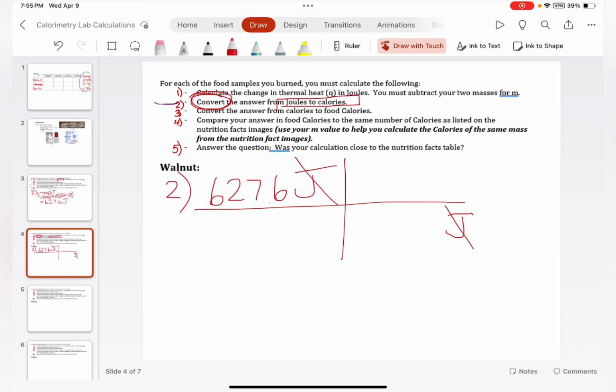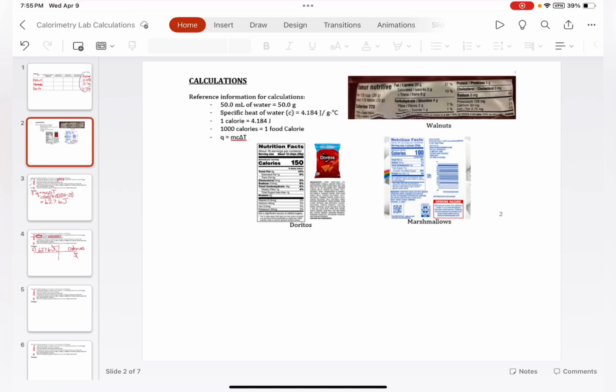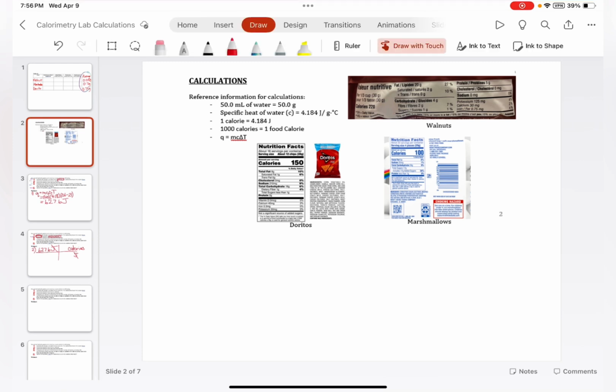And the question is asking for joules to calories. Calories with a lowercase c is equivalent to chemical calories, not food calories, which we'll get to in a second. So chemical calories. Now, where are you getting the numbers for this conversion? If you go back to your lab report and you look at page 2, you will see this conversion right here. 1 chemical calorie is equivalent to 4.184 joules.